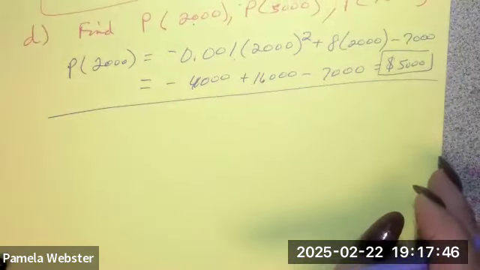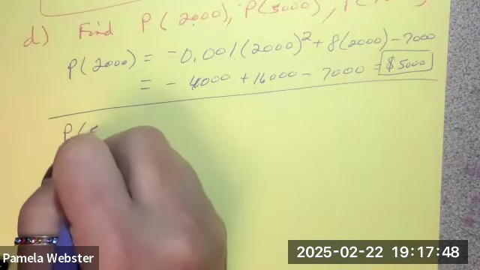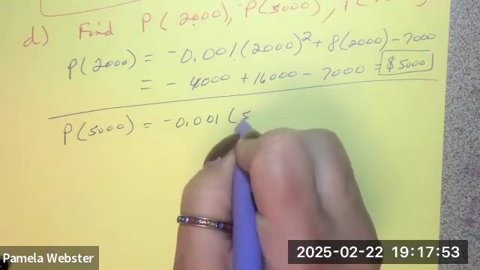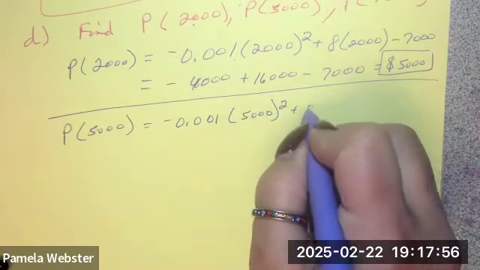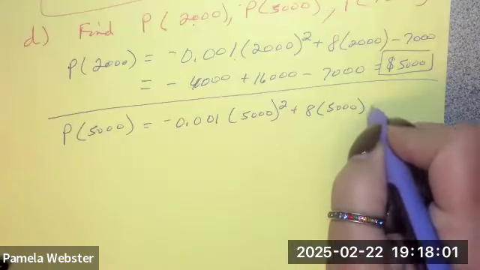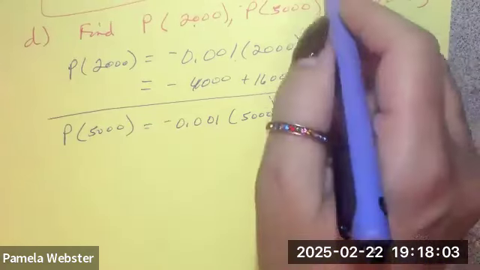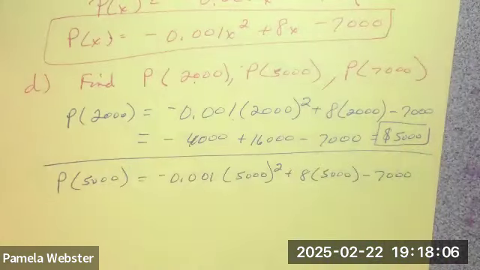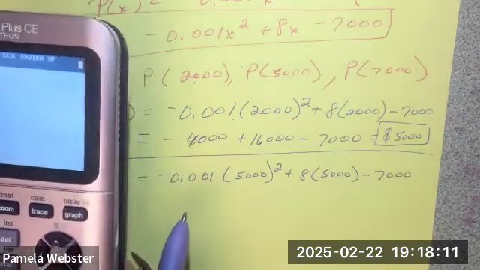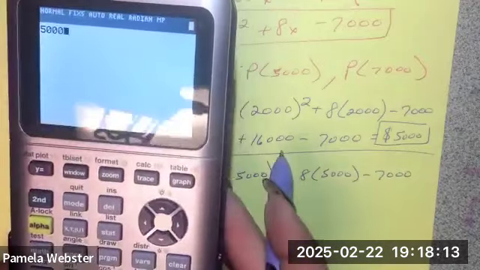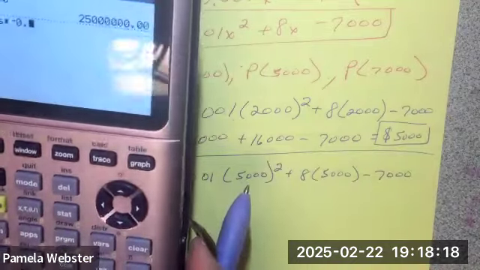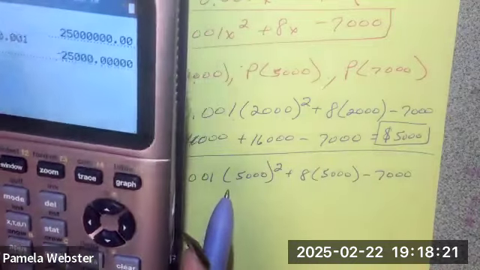Okay, let's keep going. The profit at 5,000 units. Negative 0.001 times 5,000 squared plus 8 times 5,000 minus the 7,000. That's my profit function, right? So I'm plugging in the 5,000. Let's see what we get. 5,000 squared times negative 0.001.